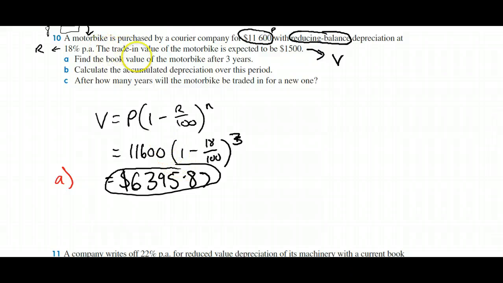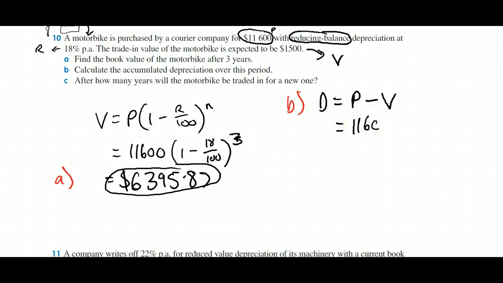In part B, we have to calculate the accumulated depreciation over this period. Okay, so the total amount of depreciation is going to be the purchase price minus the current book value. The difference between the original price and the current price is the amount of depreciation.